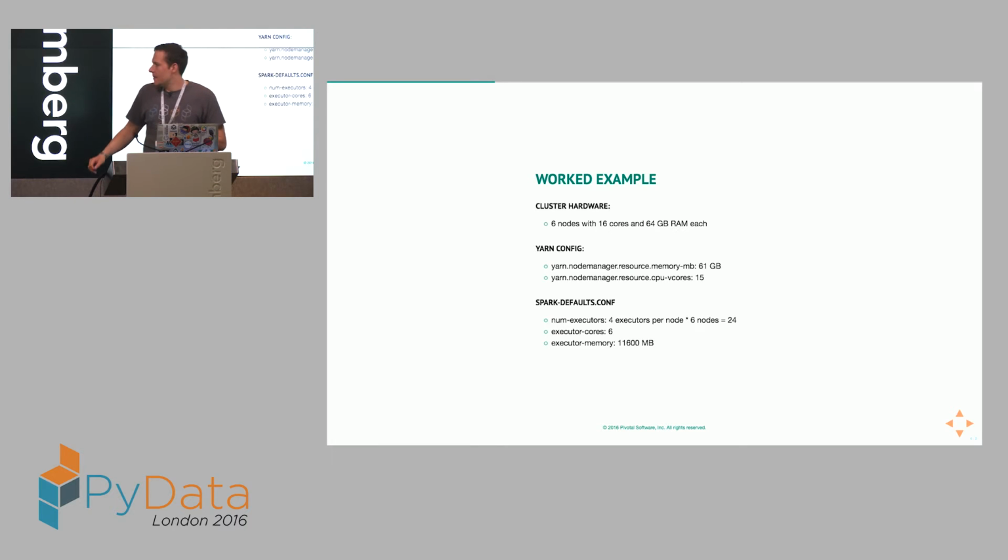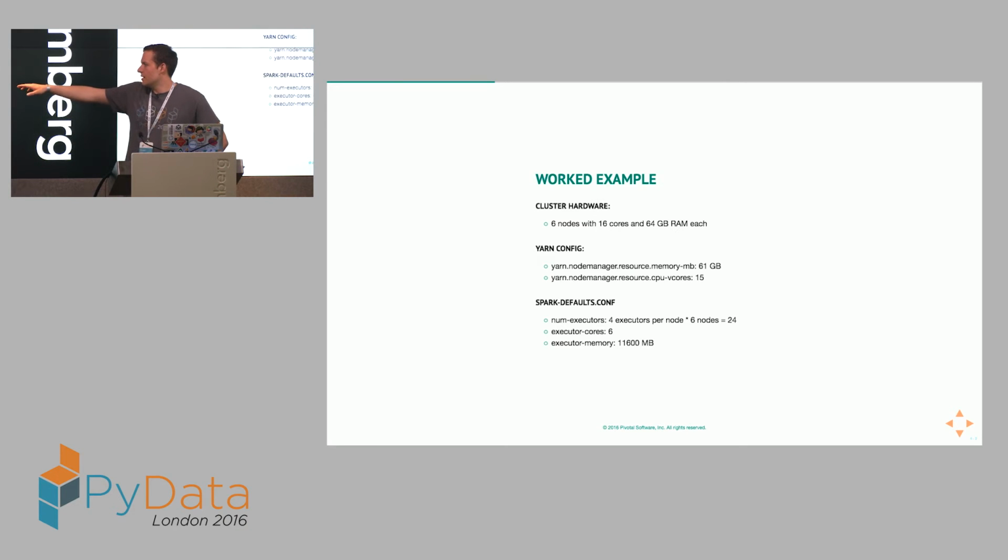And that leaves you with an executor memory of 11,600 megabytes for each node. And what is also important to note is that the Python memory is managed outside of the JVM process, so it comes on top of this. By default, each Python process is given 512 megabytes of RAM.